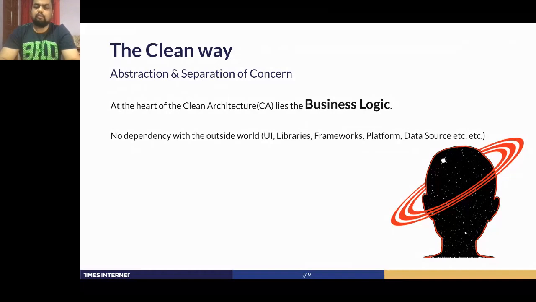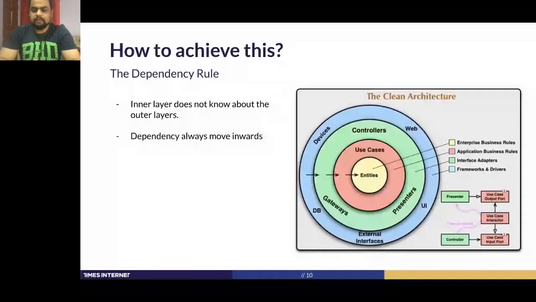The business logic knows nothing about the outside world: the UI, the libraries, the frameworks, the platform, data source, etc. It's platform agnostic, library agnostic, framework agnostic. So how to achieve this? Now, there is a dependency rule. I know most of us have encountered the onion architecture, and this onion, trust me, will not bring tears to your eyes.